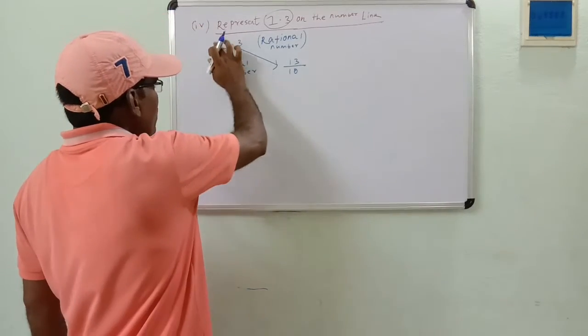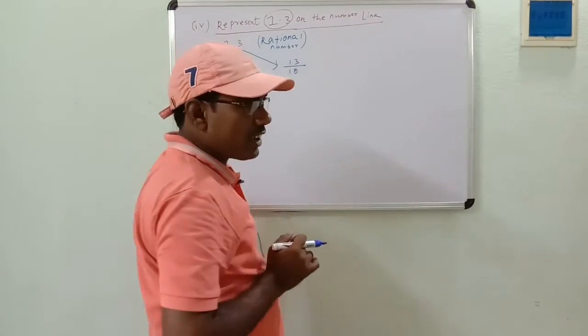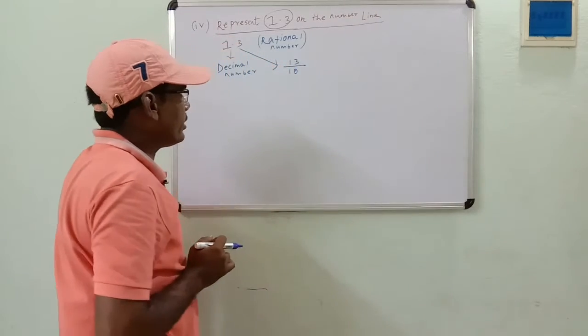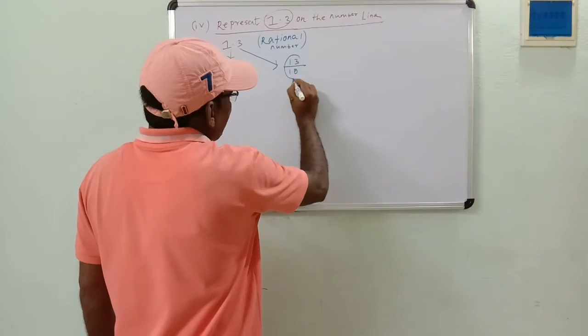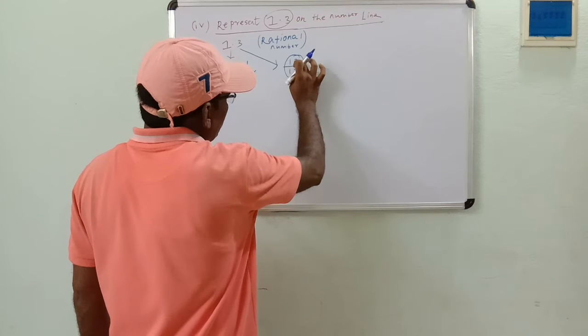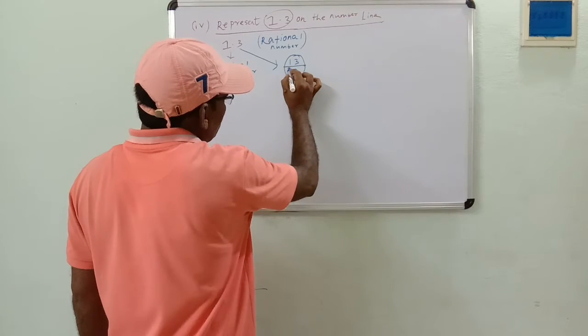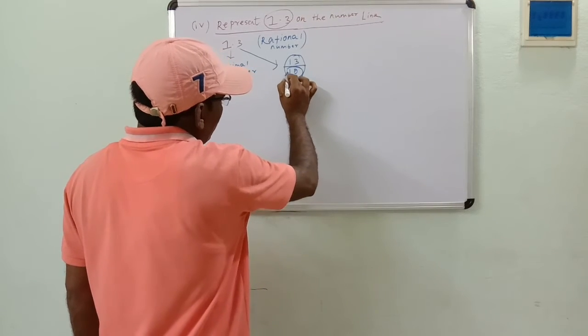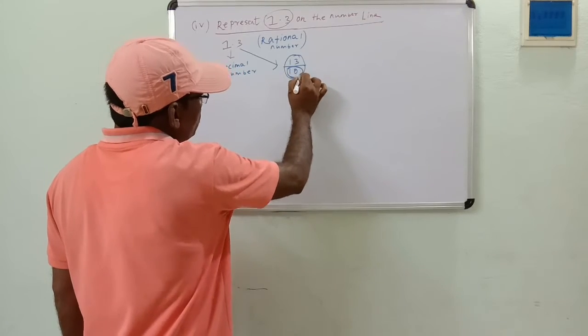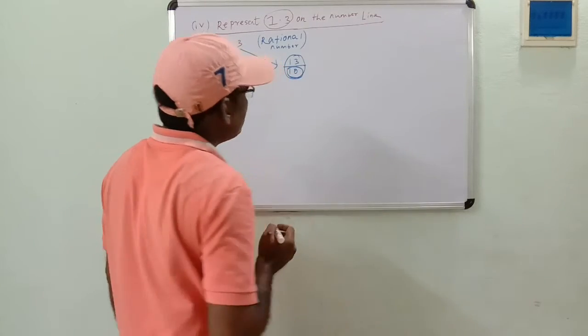Yes, if you convert 1.3 into fractional form, then it will be 13 by 10. So as it is in p by q form, where p and q both are integers and q not equal to 0, therefore you can call it a rational number.